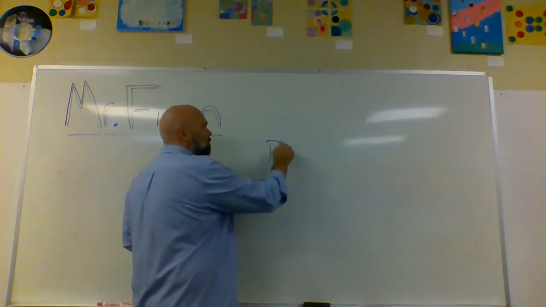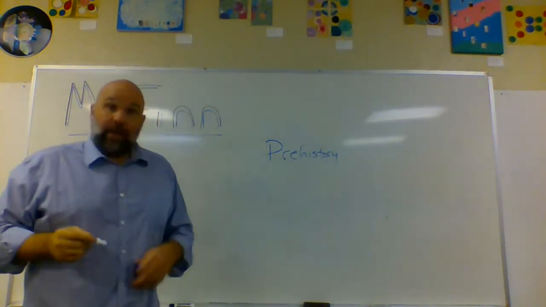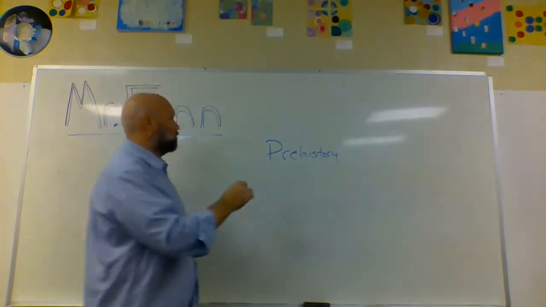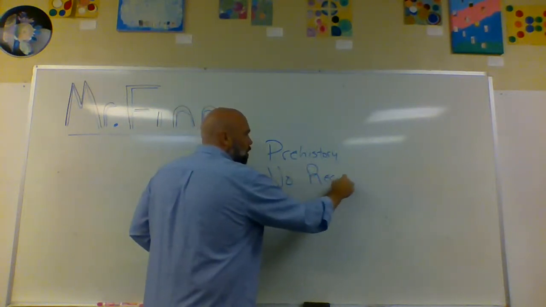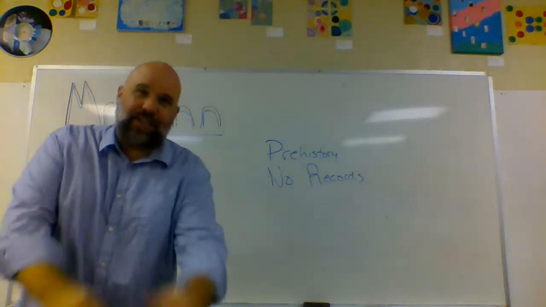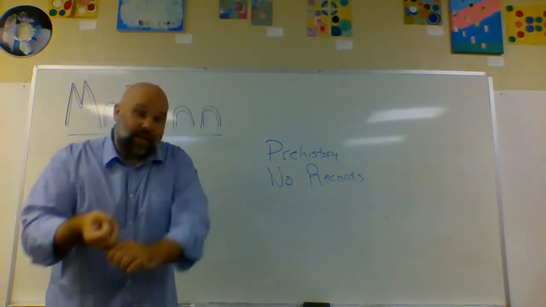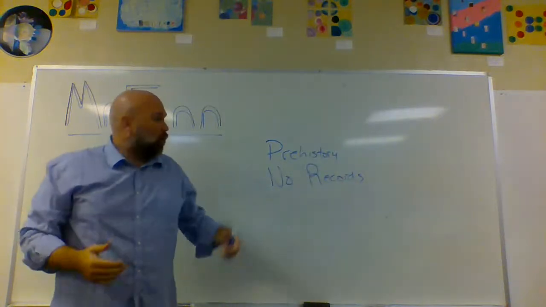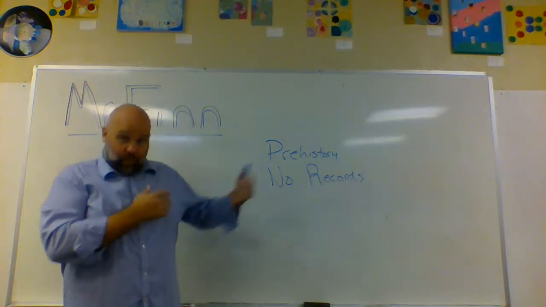Prehistory is the history before writing, as your notes just explained. There are no written records, no recorded information. We can't go back and see any stories that they told, how much grain a civilization might have had, tax records, anything that you want to record, you do with writing. So where we begin our class is pre-writing.